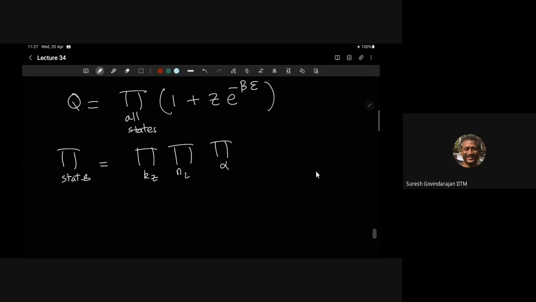So Q. And let me just do log Q itself, because then the product becomes a summation.